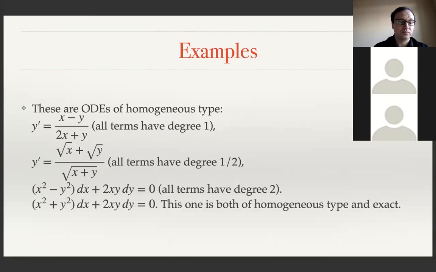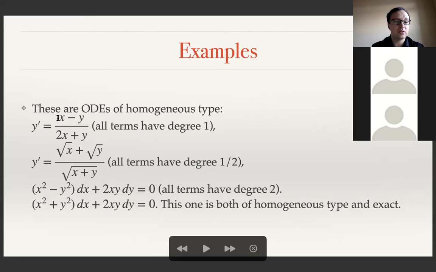So, let's see. Okay, the first example, y prime is equal to x minus y over 2x plus y. So here, x minus y is a homogeneous function of degree 1. 2x plus y is also a homogeneous function of degree 1.